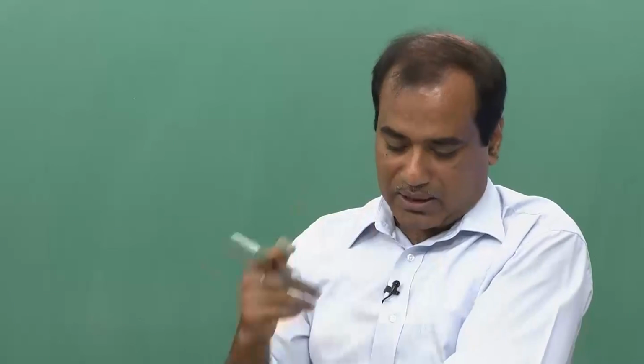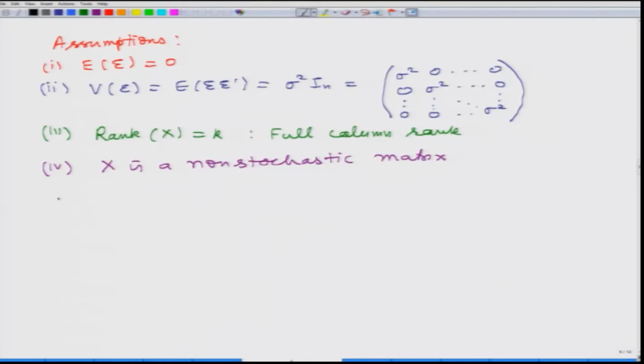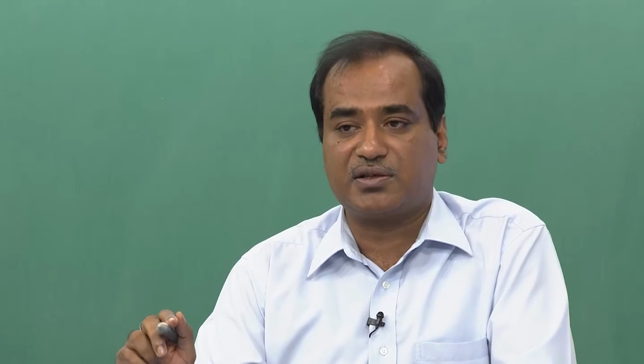And the last assumption we make here is that the epsilons follow a multivariate normal distribution with null vector and covariance matrix sigma square I n. This assumption is again similar to the assumption we made in the case of the simple linear regression model.